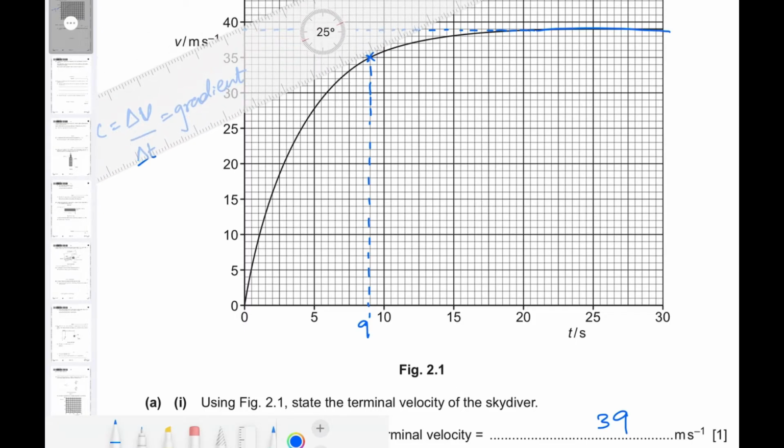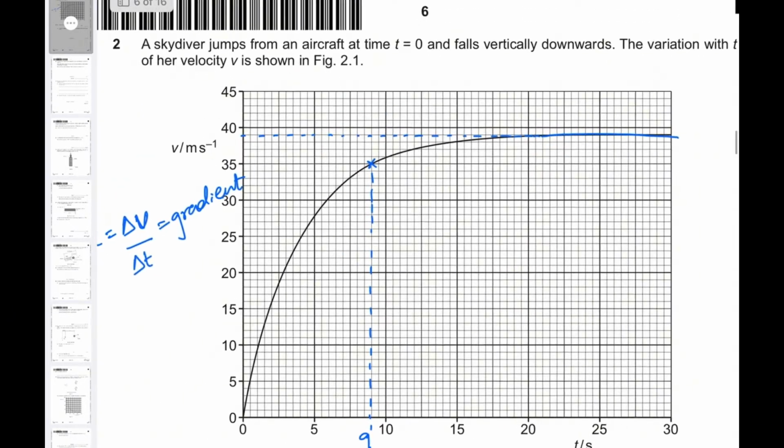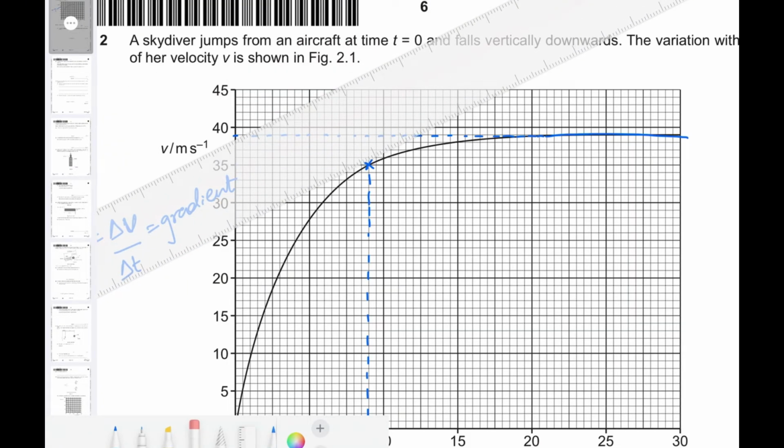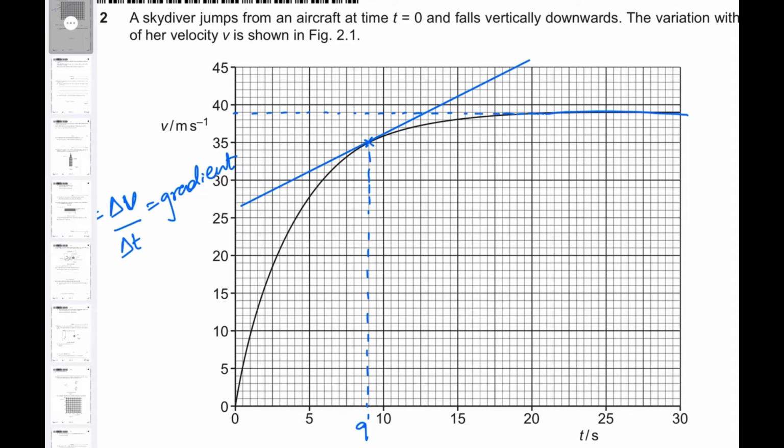It should barely just touch that point. Another tip for making this tangent as accurate as possible is to try to get these two angles to be as close to each other in size as possible.